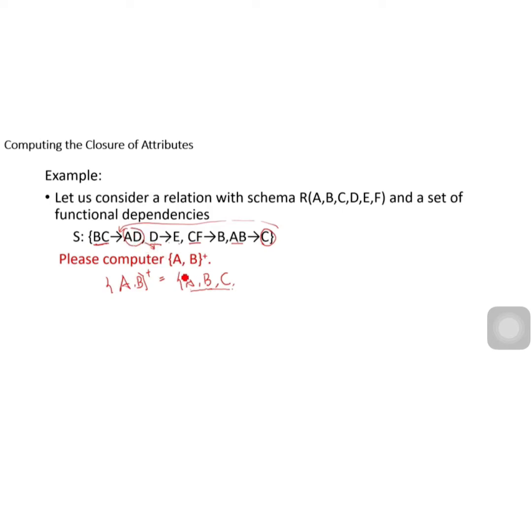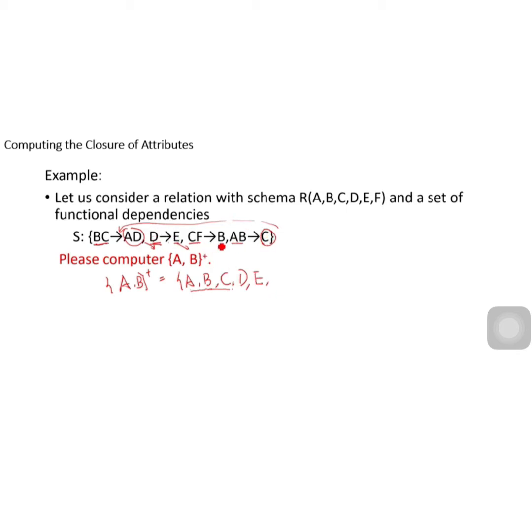Now we get D. Then D is a subset of this closure now, so we add E. CF is not a subset of the current closure. Check again. No.